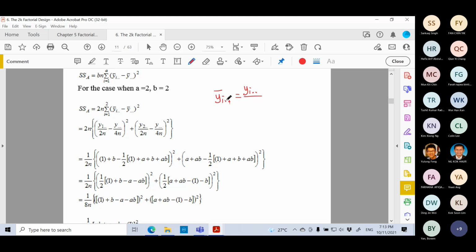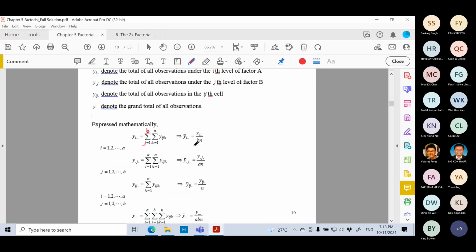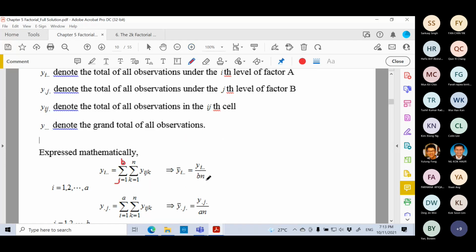If you can recall what the i dot dot is here, if you refer to the i cell, so you divide. Okay, I may show you here. Yeah, you see the i dot dot here. If for y bar you are referring here, you divide by Bn, because under this cell you have B observations and then n observations under the cell.